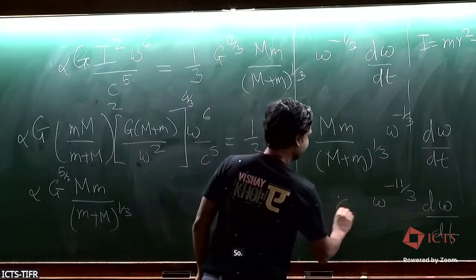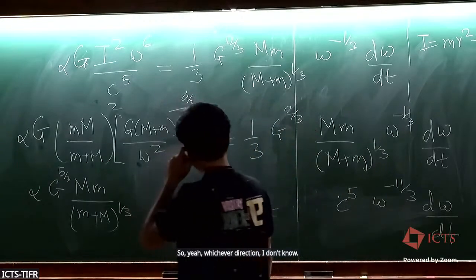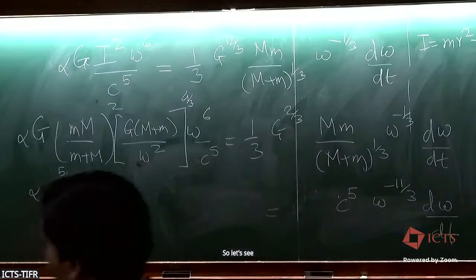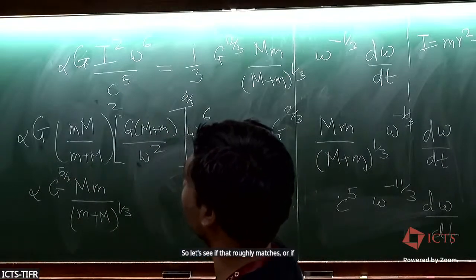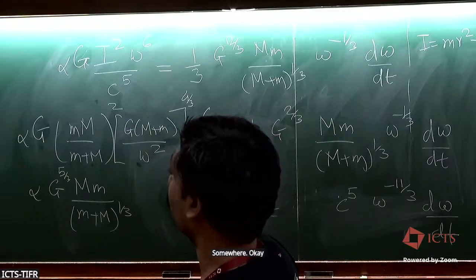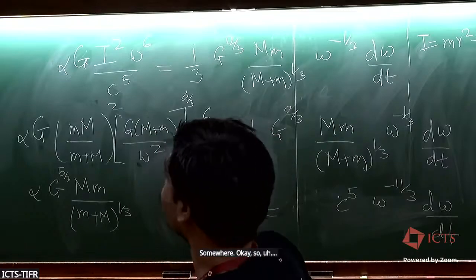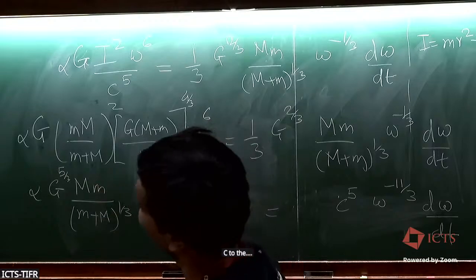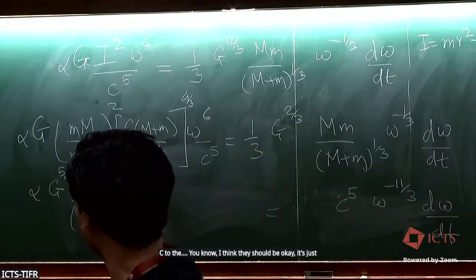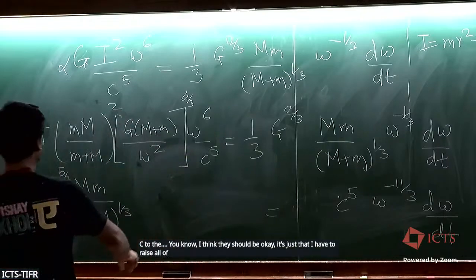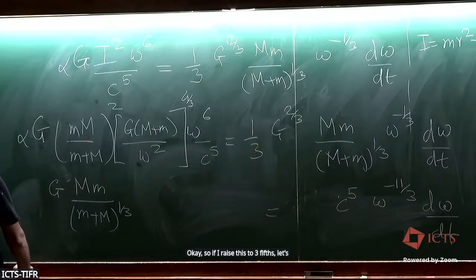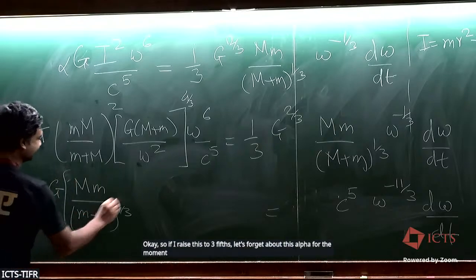So let's see if that roughly matches or if I made some mess somewhere. I think this should be okay. It's just that I have to raise all of this to the 3/5 power. If I raise this to 3/5, let's forget about this alpha for the moment, I get G exactly like this.